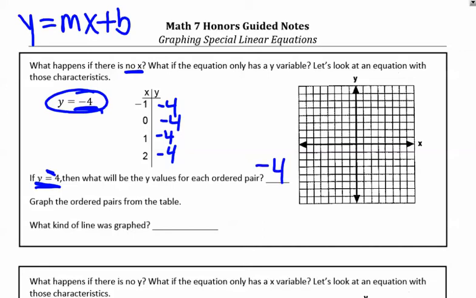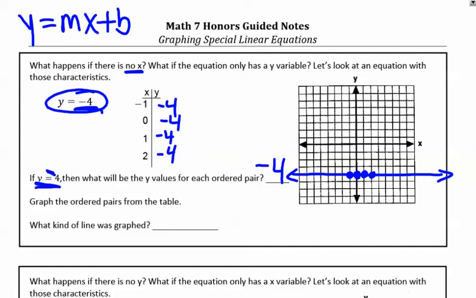So now let's go ahead and graph that. Negative 1 and then negative 4 would be that point. 0, negative 4, 1, negative 4, and 2, negative 4. All right, now if I connect the dots and I extend my line, what kind of line did we just graph?